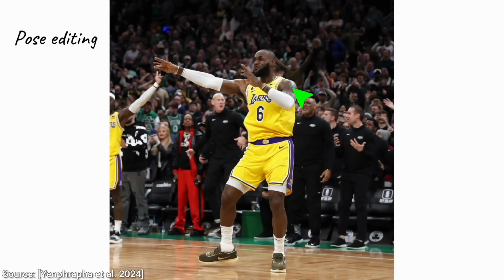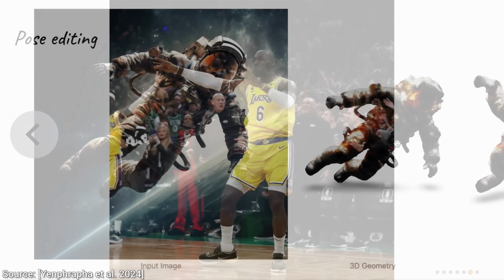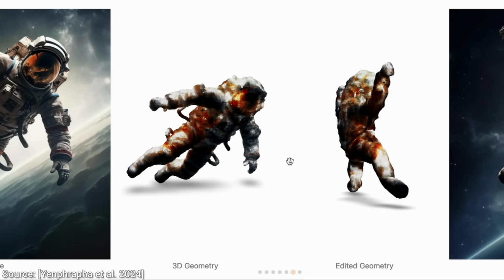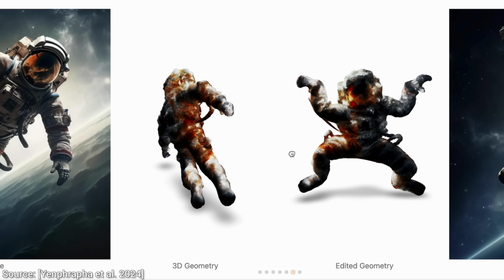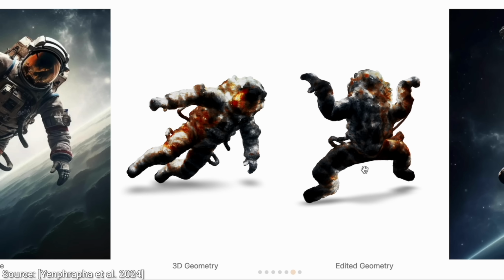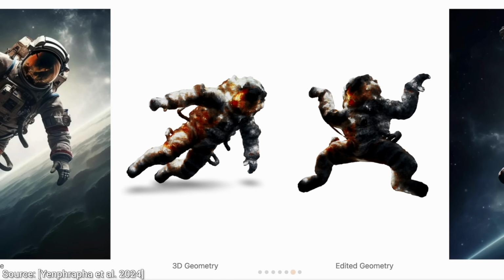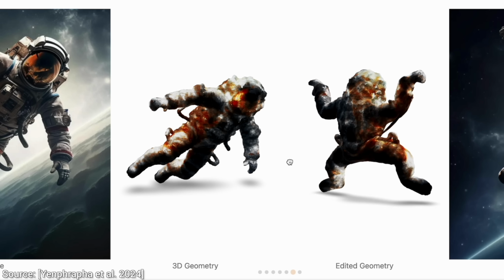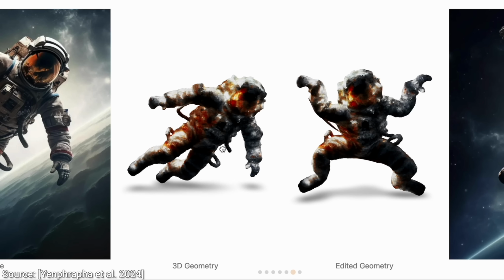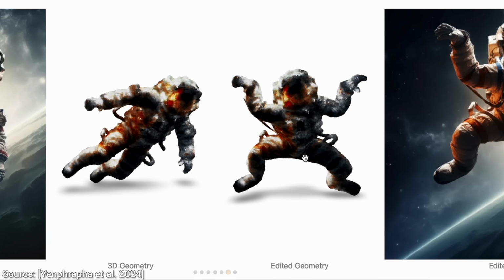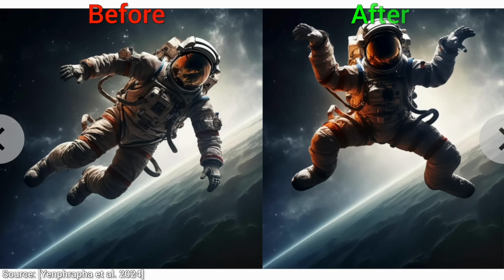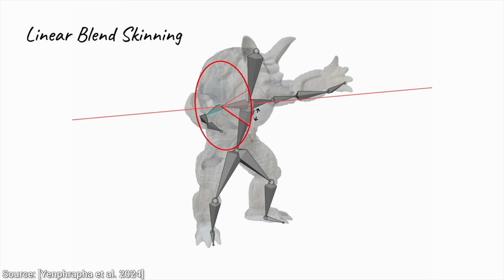Second paper. Here, the goal is to take an image, any image, and then convert the people or objects in it into a 3D model, but not to create a video game character from them, although that's quite nice too, but no, not here. Here, we now have knowledge about the backside of this model too, so we can choose a new pose for our character and apply some more magic to put it back into the image with the new pose.